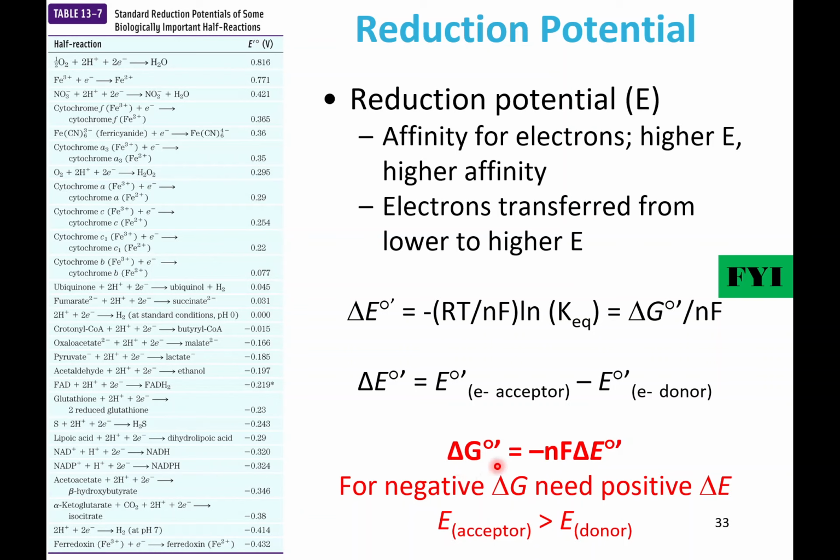The free energy equals minus N, which is the number of electrons being transferred, times F, the constant, times the change in reduction potential. Okay. So for a negative delta G, something that's spontaneous, you have to have a positive delta E. So that means the reduction potential of the acceptor has to be bigger than the reduction potential of the donor. Therefore, that's why electrons are transferred from things lower on this list to things that are higher.